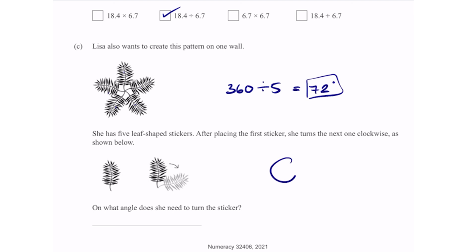So if I put everything 72 degrees away from each other, and keep rotating 72 degrees each time, we'll end up back here, with an even split around our axis. So 72 degrees is the angle of rotation, if that makes sense.